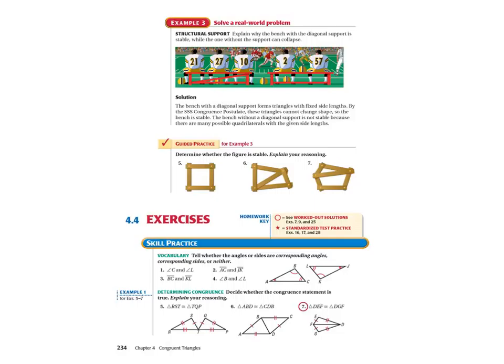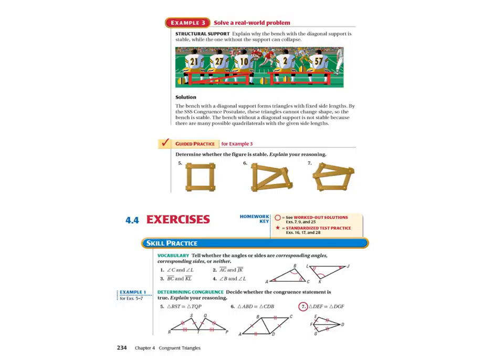This one's pretty straightforward. By the side-side-side congruence postulate, these triangles cannot change shape. So we have our congruent sides, and then by the reflexive property, our last congruent side, the diagonal here. So we know that those cannot change shape.